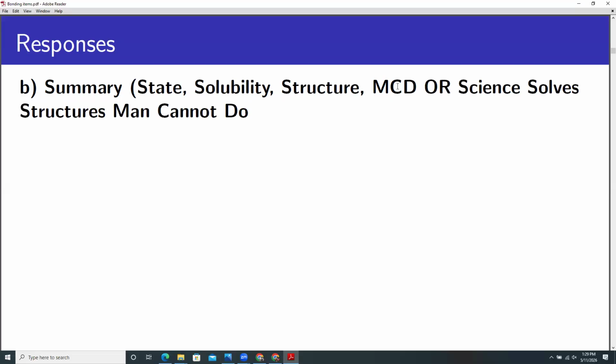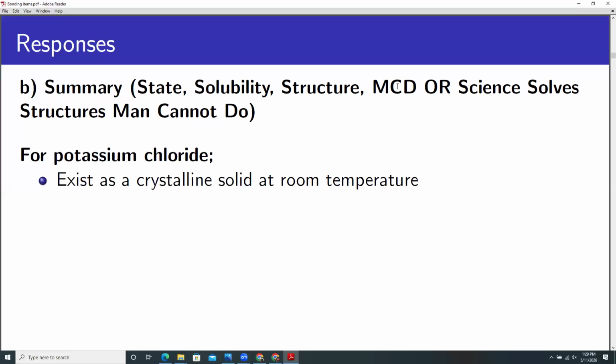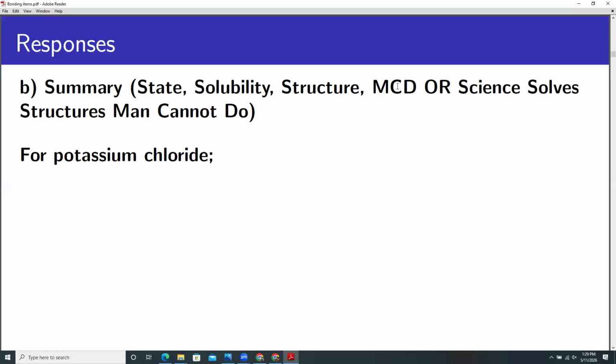Now let us take an example. Our first substance of consideration was potassium chloride. So we start with state. Potassium chloride is an ionic compound.